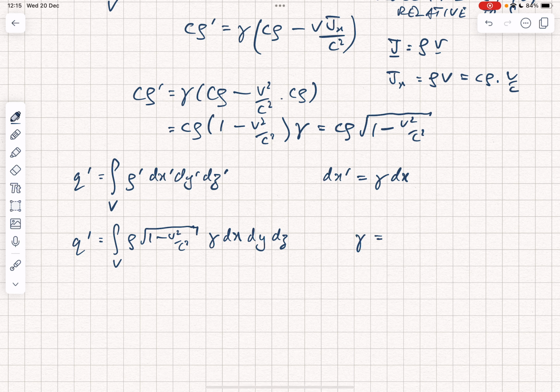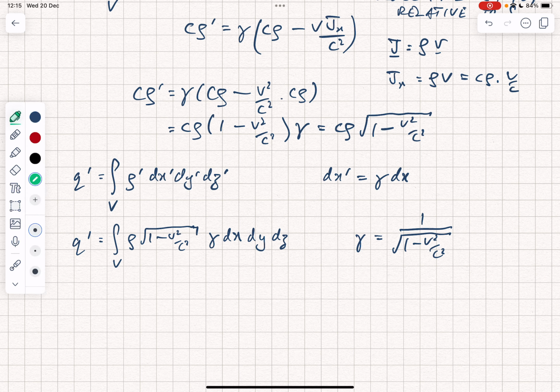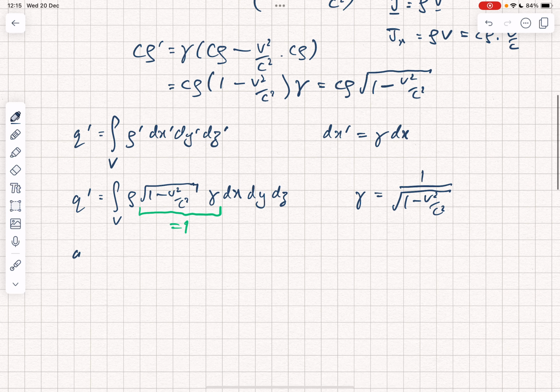And recall, as I've set up here, that gamma is 1 over the square root of 1 minus v squared over c squared. So, of course, gamma multiplied by the square root of 1 minus v squared over c squared is just equal to 1. And therefore we have that Q prime is just the volume integral of rho dx dy dz, which is simply Q itself.